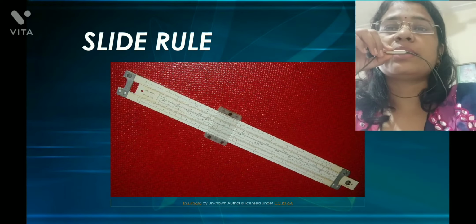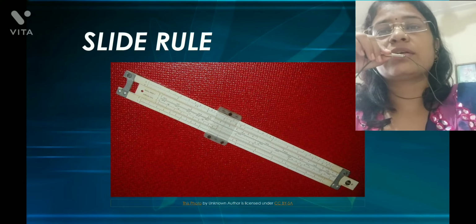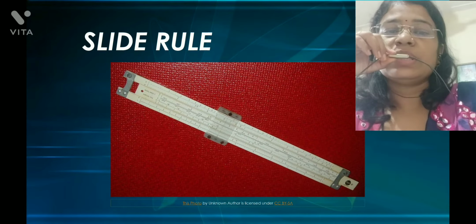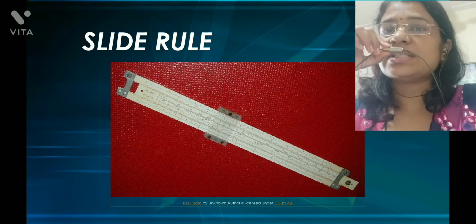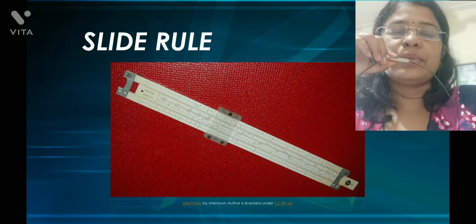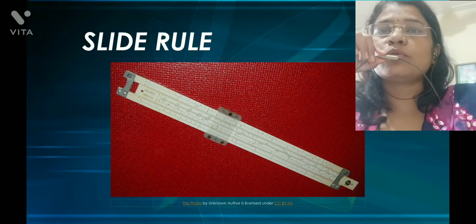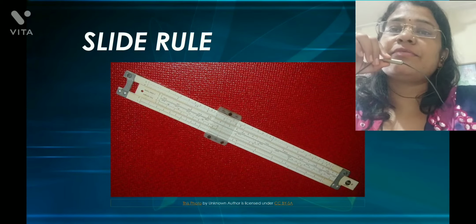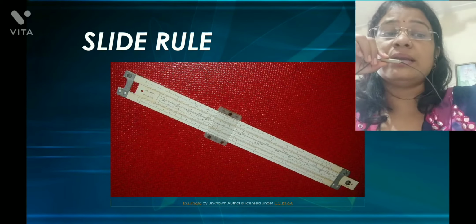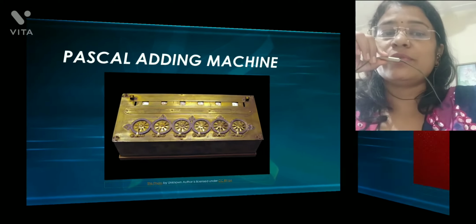By using the logarithm method, calculations were done with the help of the slide rule. Then after some years, in 1642, some changes were done and the Pascal adding machine was developed.